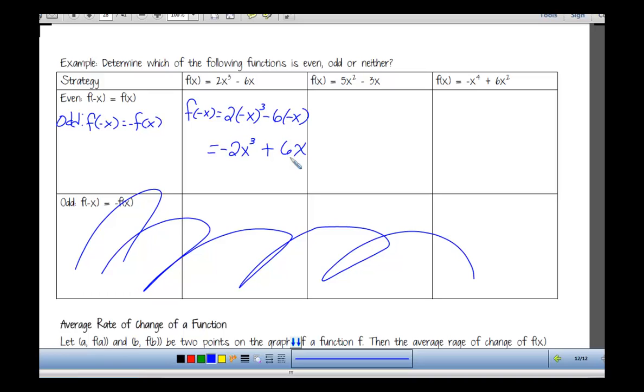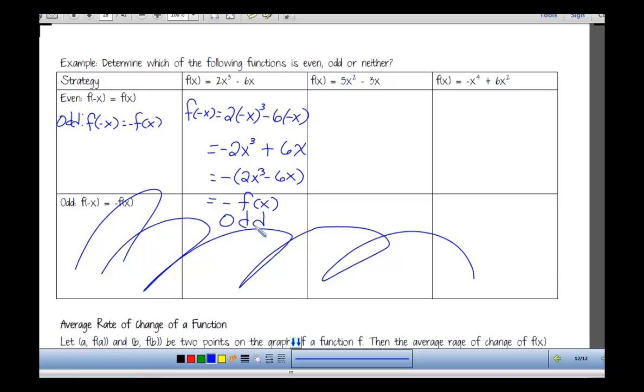If I factor out a negative, I've got 2x cubed minus 6x, or what? In terms of f of x. Negative f of x, which says this is what? Odd. Questions about that?